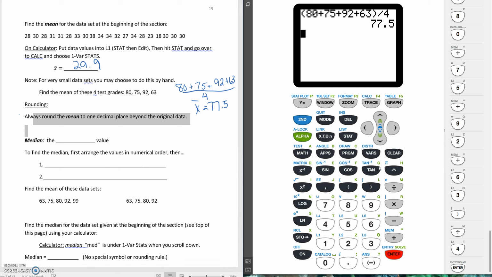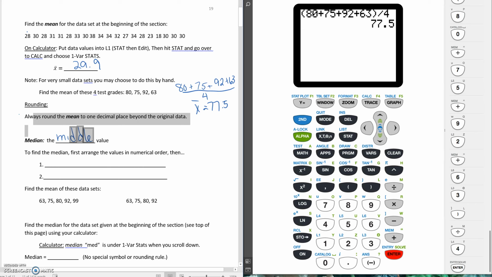Okay, so the median, which is the number we talk about next, is the middle data value. To find the median, first arrange all the data values in order.